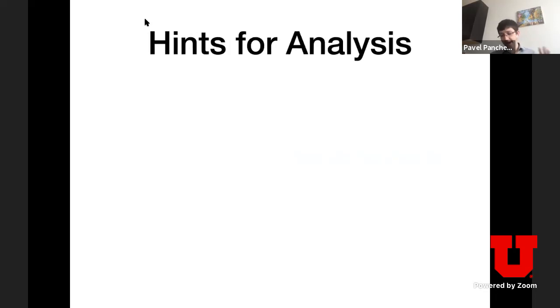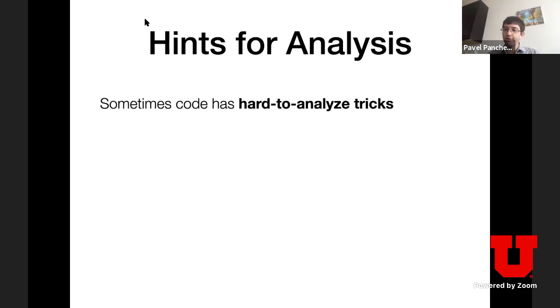So for that analysis, there's one trick that I thought was really cool that I wanted to highlight from this paper. Sometimes fast code has to use these hard to analyze tricks. For example, in crypto code, it's quite common to replace this 3-term product with this more complicated piece of code.